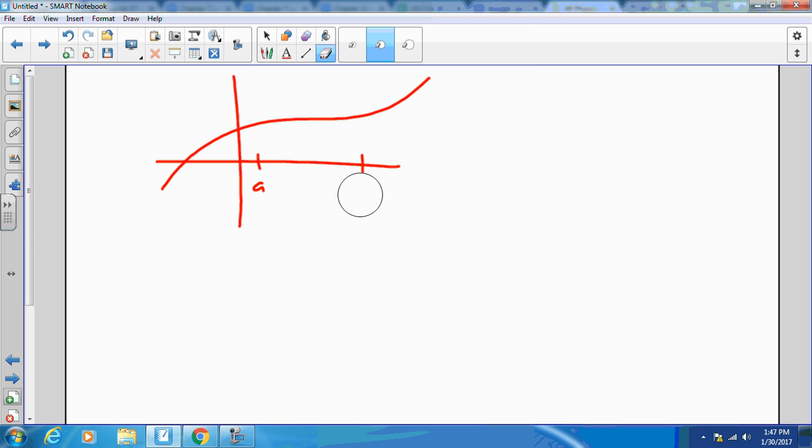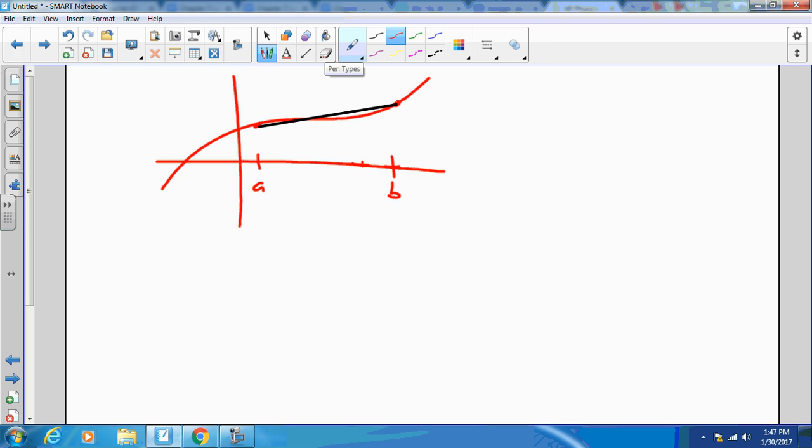Let me move B out a little bit, actually, so that we can see this more clearly. So here's A, here's B, and here's the secant line between them. What I'm going to do is create a helper function that finds the distance between f and its secant line.